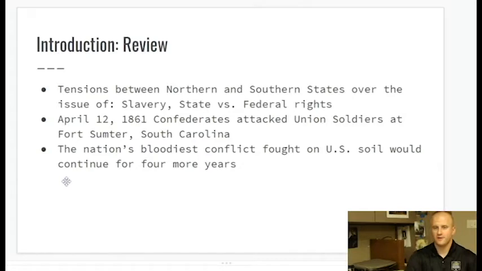Without getting too far into the weeds, let's pretend that we are living in a time when the U.S. is becoming more divided between states that want to liberate slaves, ensure that they have freedom, and make them a part of the rest of the citizenry, and states that see this liberation of slaves as an infringement on their rights and their property, and want to keep slavery as the status quo.